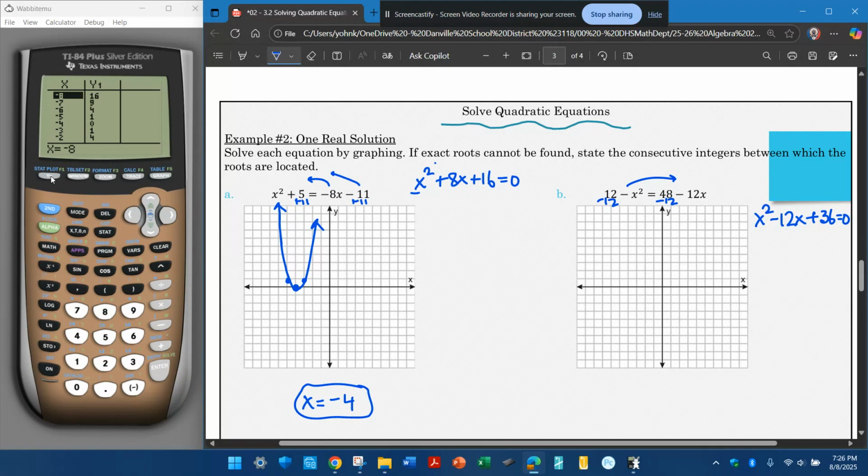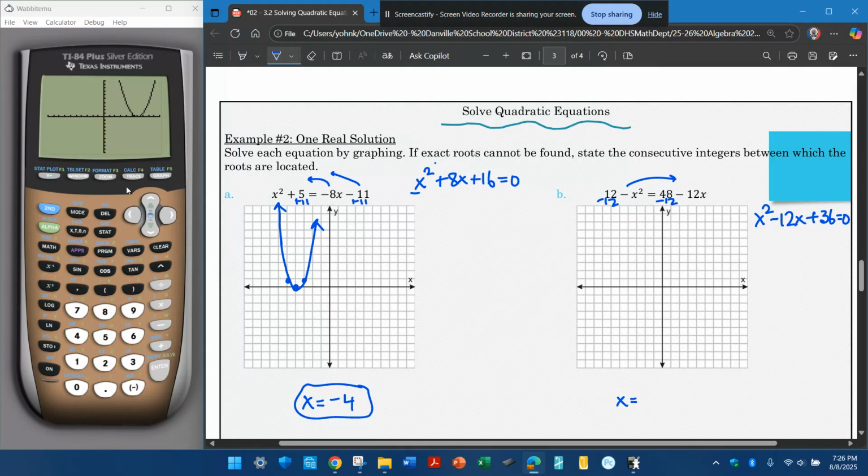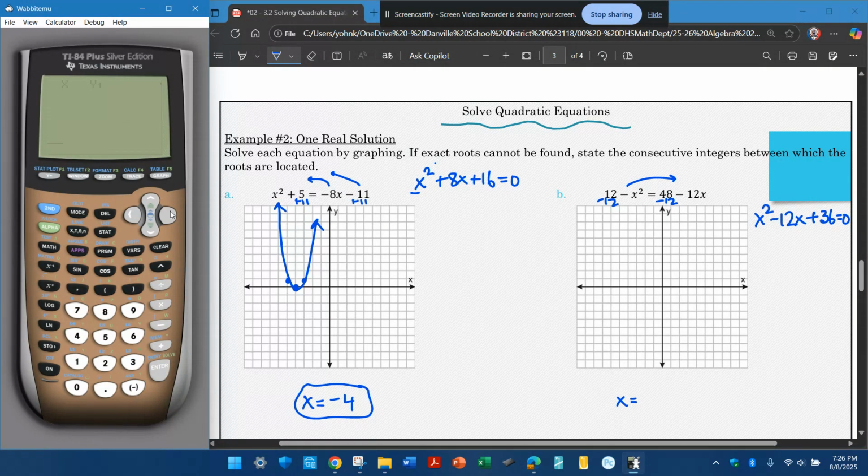So let's go to our calculator. Let's do x squared minus 12x plus 36 and hit graph. It crosses one time over here on the positive x-axis, so we're going to say x equals, go to our table, look around on the positive side.